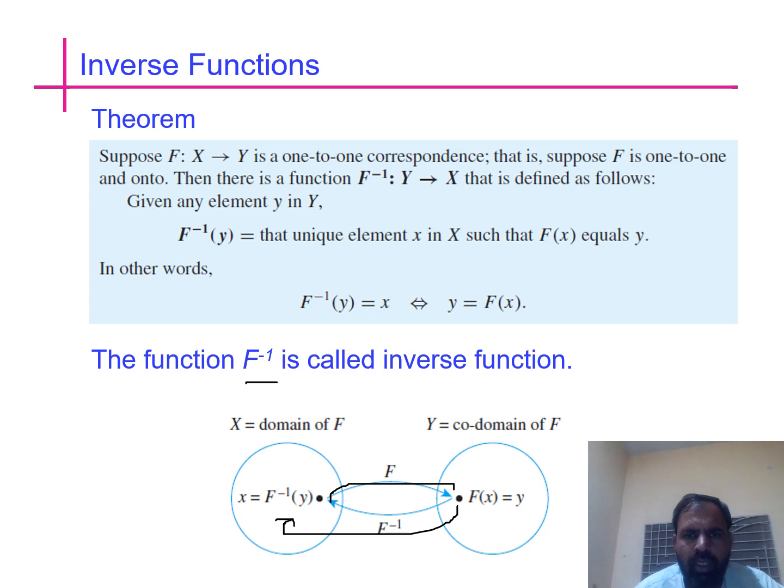In inverse functions, the codomain becomes the domain and the domain becomes the codomain. Actually, if we interchange the inputs into outputs and outputs into inputs, then it will become an inverse function.